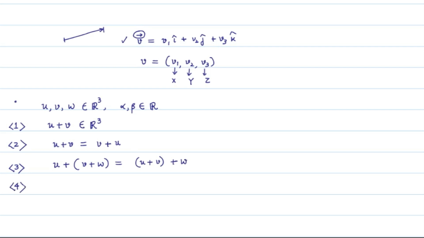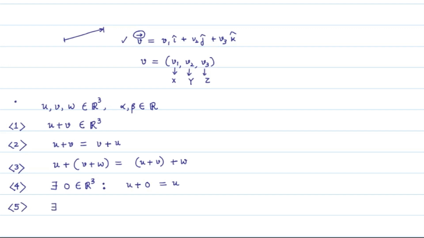We have a very special element, the null vector or the origin in the three-dimensional Euclidean space, for which we all know that if u is being added with the null vector, we get the same vector u.